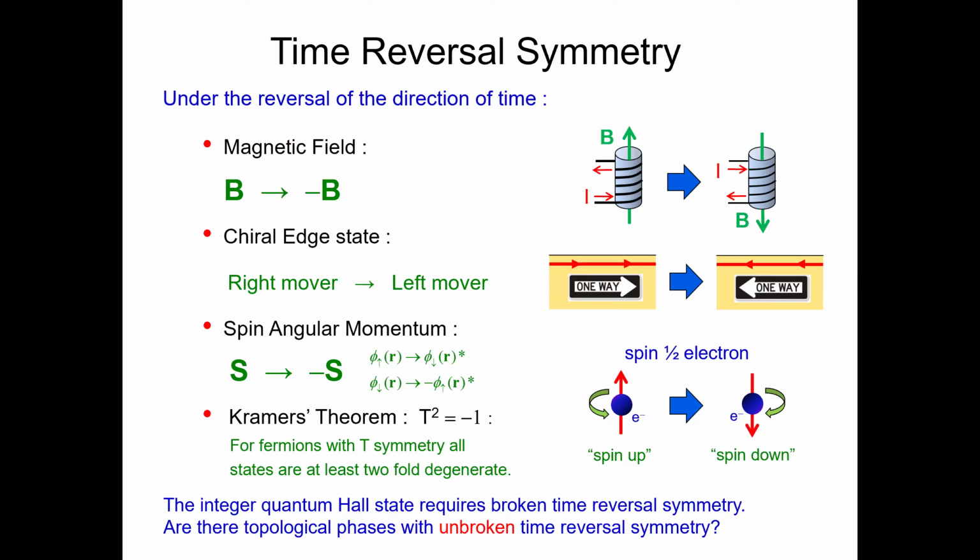There's a degeneracy called a Kramers degeneracy, and this is a fundamental consequence of time reversal symmetry. And so now I want to ask the question: there's no way we can have a quantum Hall state or a Chern insulator with time reversal symmetry, because the edge states have to know which way to go.